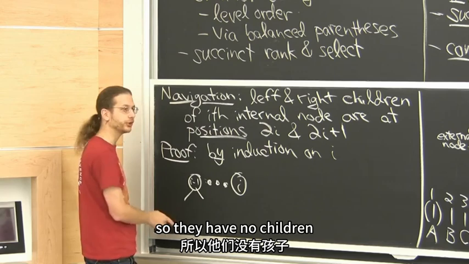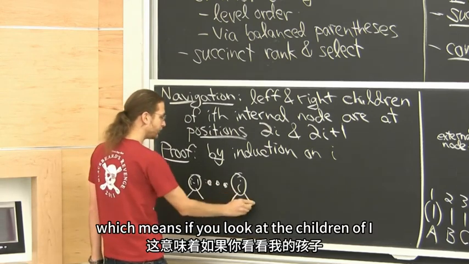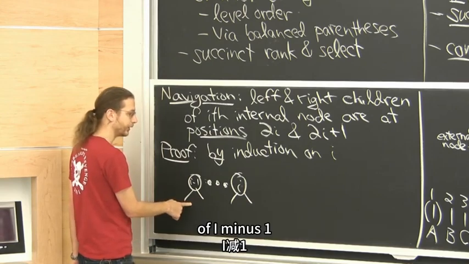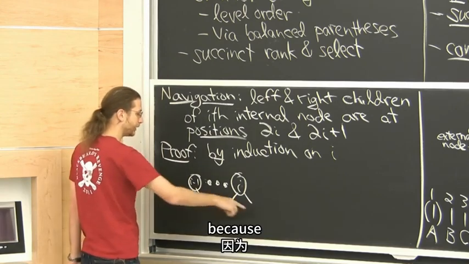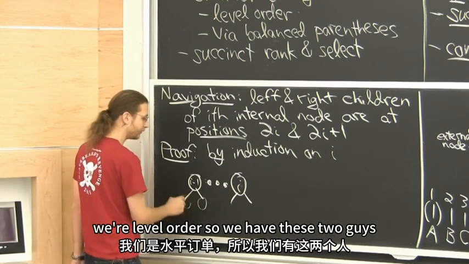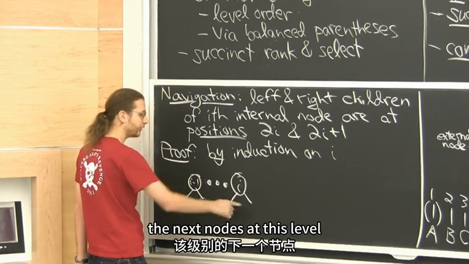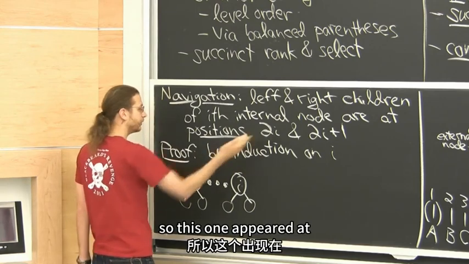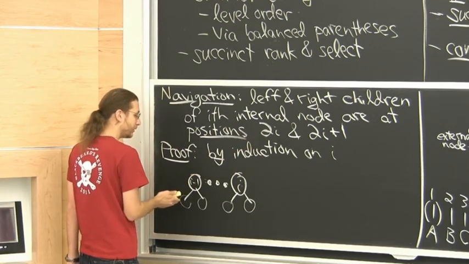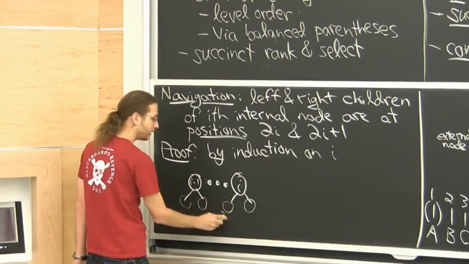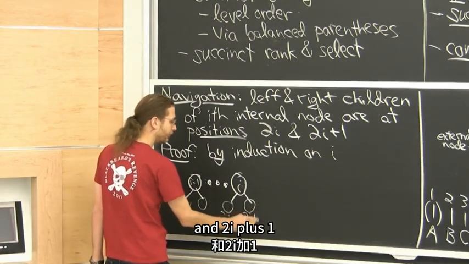So they have no children, which means the children of i are going to appear right after the children of i minus 1, because we're level order. So we have these 2 guys. The next nodes at this level are going to be these 2 guys. So this one appeared at 2i minus 2 and 2i minus 1. This one will appear at 2i and 2i plus 1.